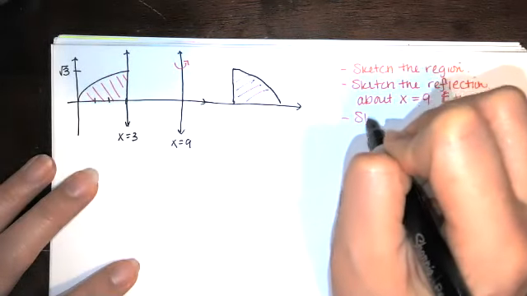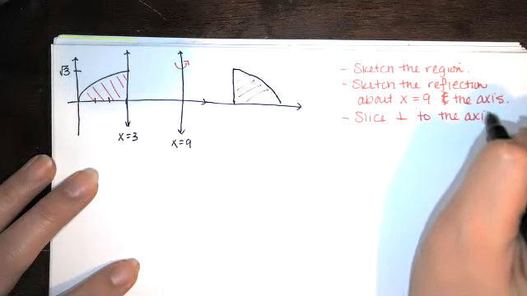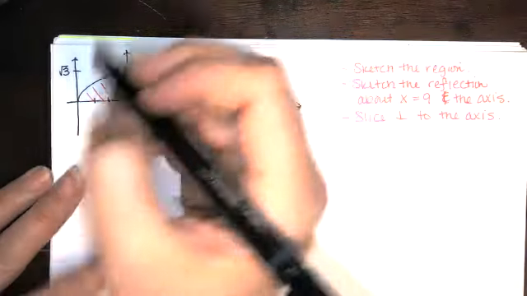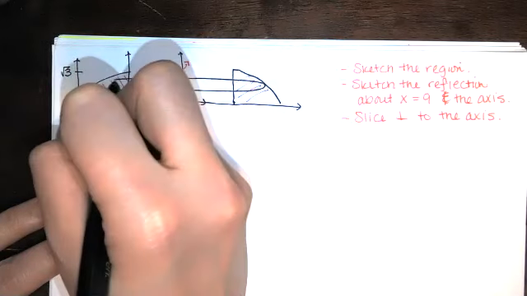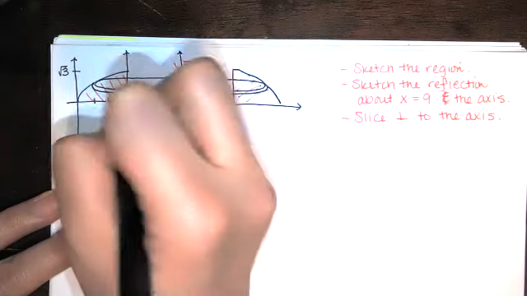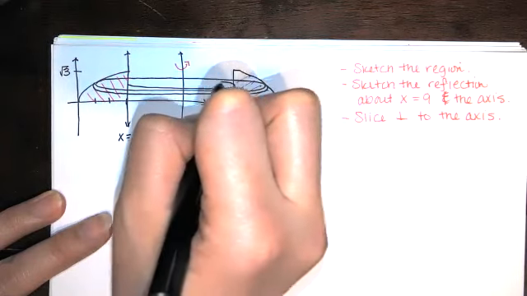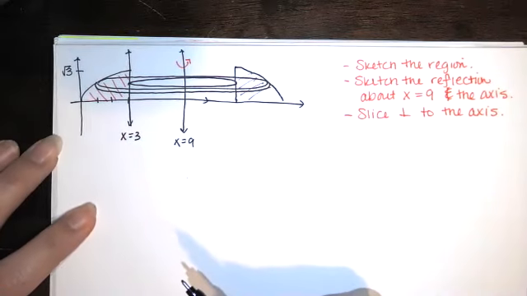And then you want to slice perpendicular to the axis. Now, since there's a big old gap between our region and our axis, this is going to be a washer method.